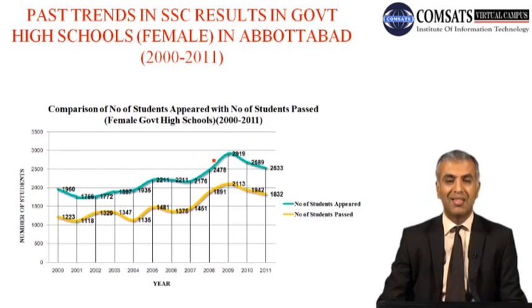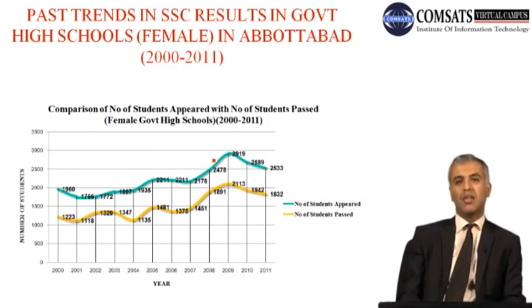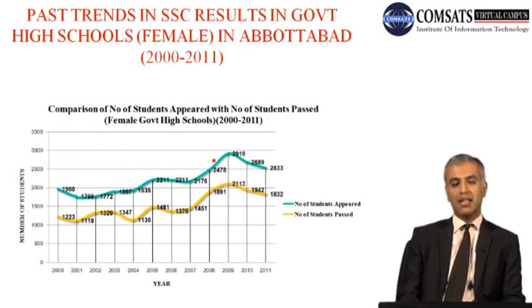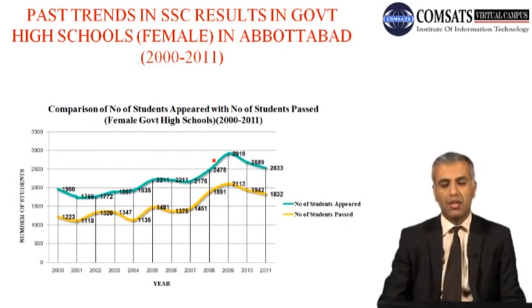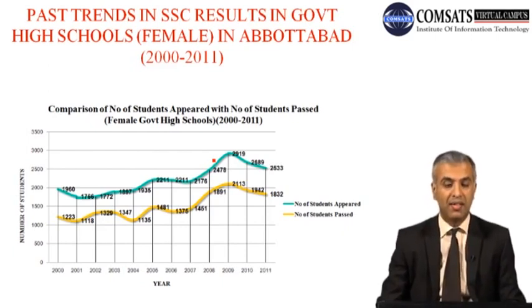Now this is just one form of presenting the data which has been collected from a secondary source, and we just give an overview of the previous trend in this case.